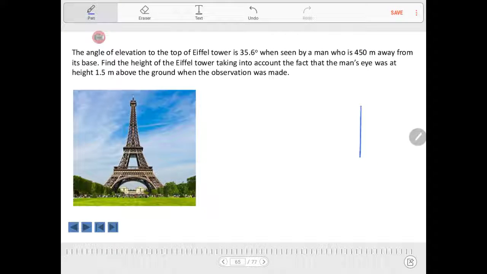And this man is 450 metres from the base of the tower. So 450 along here, making a right angle there, and he's looking up to the top of the tower through an angle of elevation of 35.6 degrees.